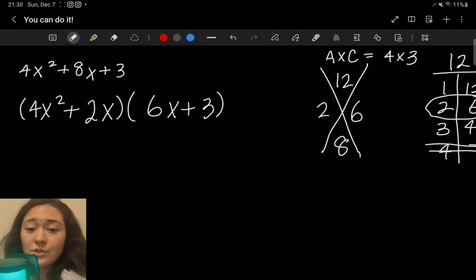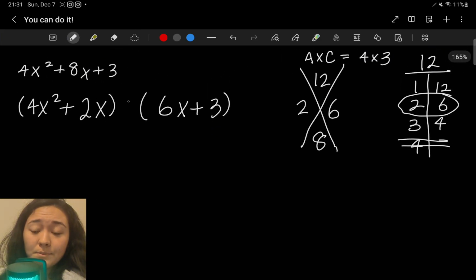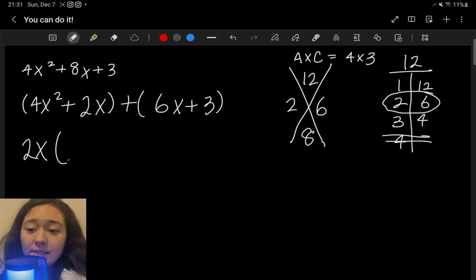You can also switch the 2x and the 6x, but 4 is more similar to 2 and 6 is more similar to 3, so it's easier if you group up the similar numbers, but it doesn't matter which side you choose. Here's where I remember that there's a plus. So then we take out the common numbers out of the first parentheses, simplify.